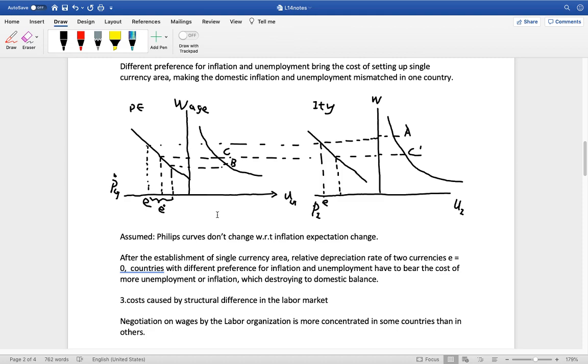And the countries with different preferences for inflation and unemployment have to bear the cost of more unemployment or inflation, which destroys the domestic balance.